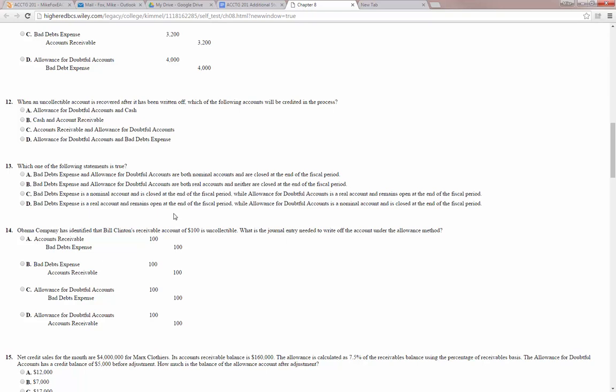When an uncollectible account is recovered after it has been written off, which of the following accounts will be credited in the process? So in the process we said we would credit the allowance and then we would credit accounts receivable. So the allowance for doubtful accounts and accounts receivable.